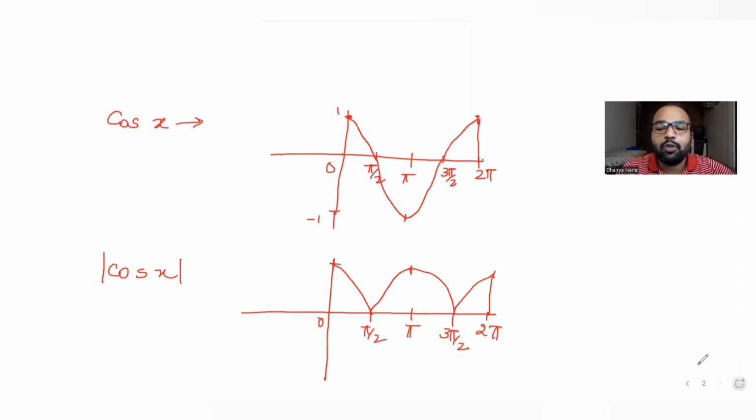Now let's draw both of these curves, because the expression given to us is mod of cos x equals sin x.